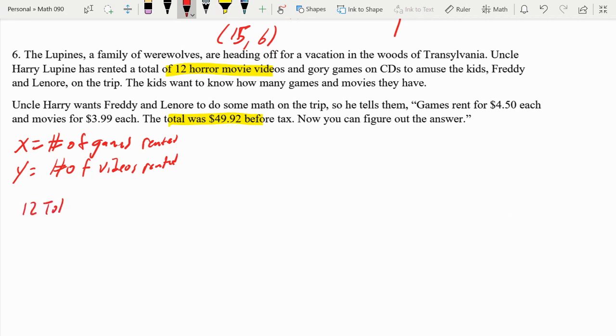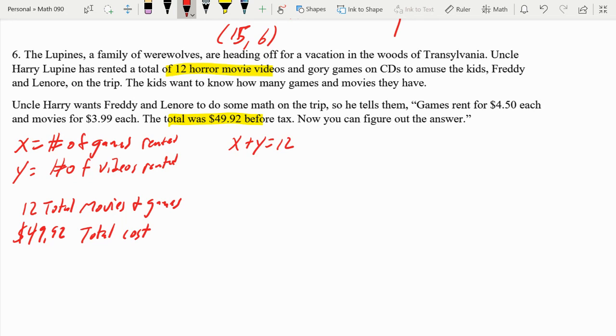There's 12 total movies and games, and then it was a total of $49.92 was the total cost. I'm telling you, you guys get used to writing those totals down. It'll help you out so much better. All right, so now x plus y is equal to 12.